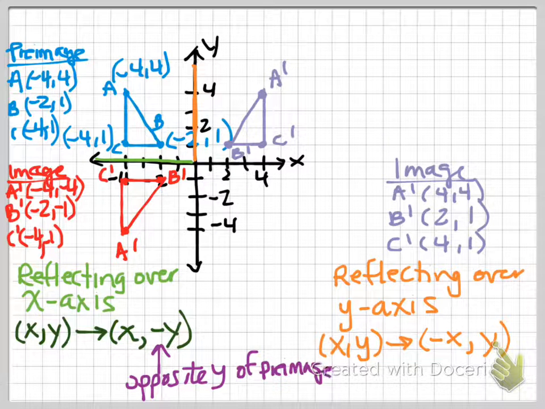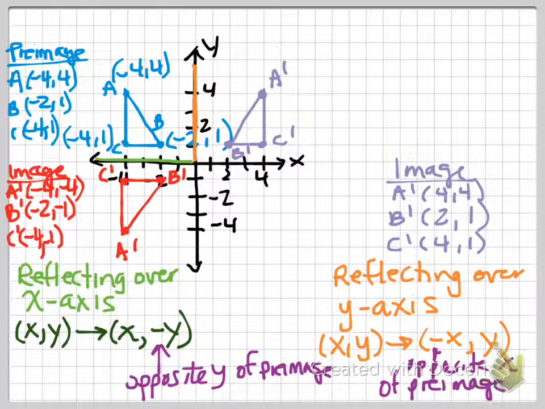And when you're reflecting over the y-axis, you're going to get the opposite of x, or the opposite x, let's say it that way, of the pre-image. Okay? All right, that's pretty cool.